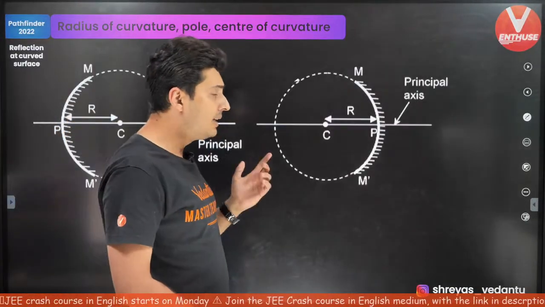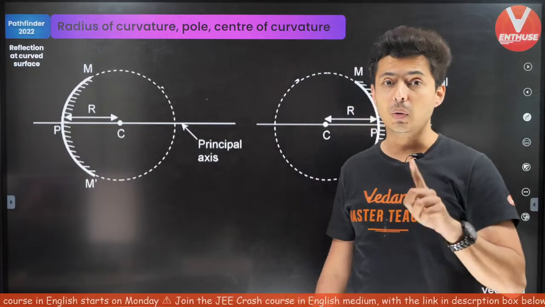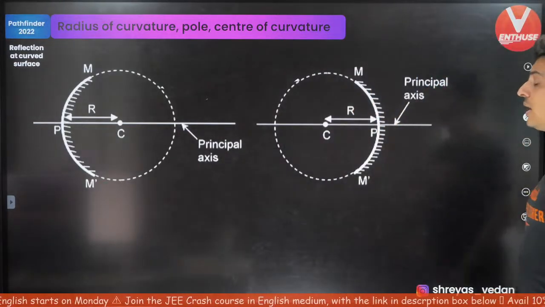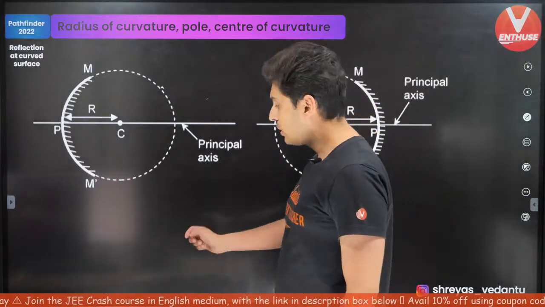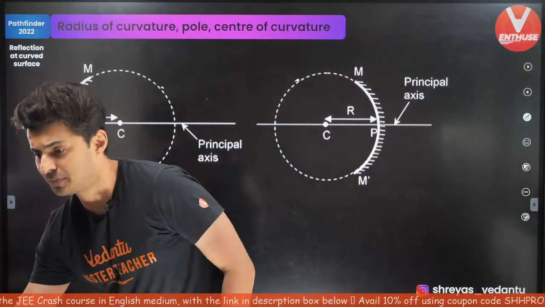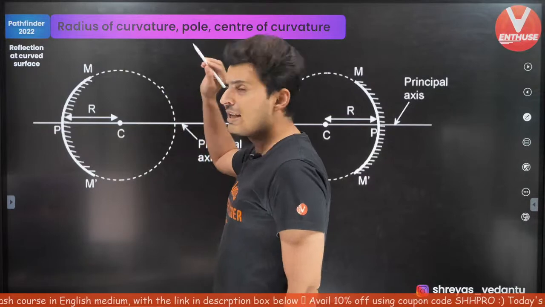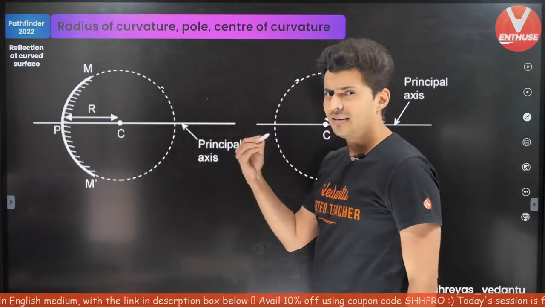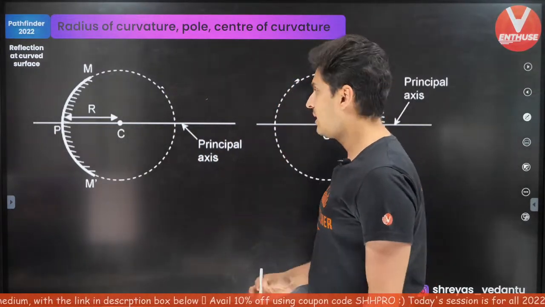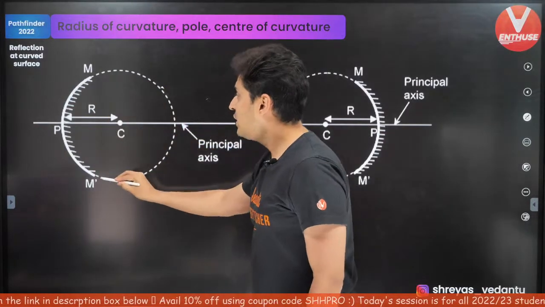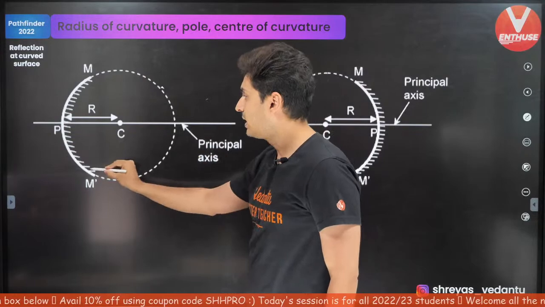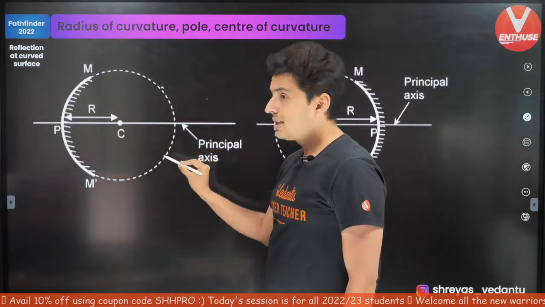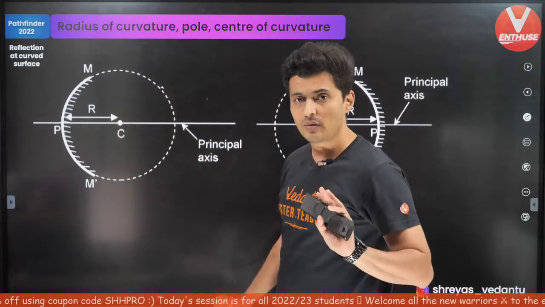Now, the different points that you should know about a concave or a convex mirror. So what are those points? Number one, look over here carefully, my warriors. First of all, quick revision. This is all a revision of 10th standard. Then we are going to go to a 12th standard class. So when you have a mirror and if you complete the sphere, the center of the sphere is called the center of curvature.